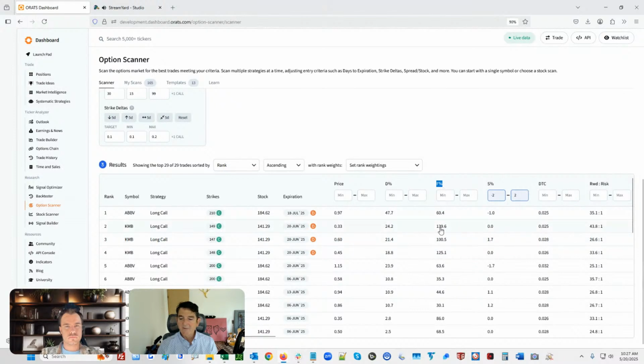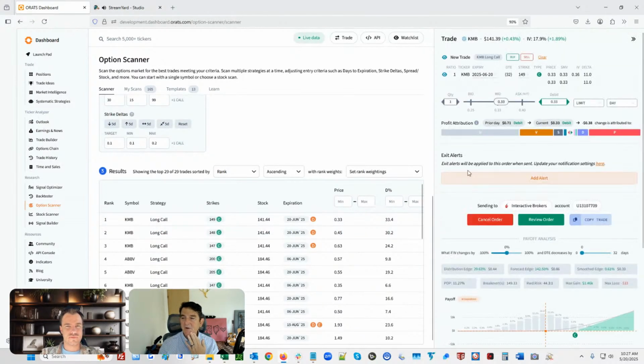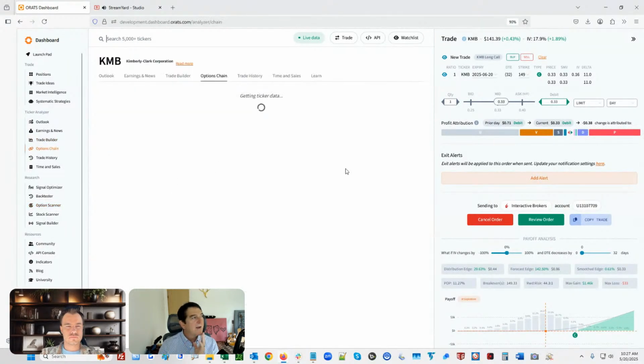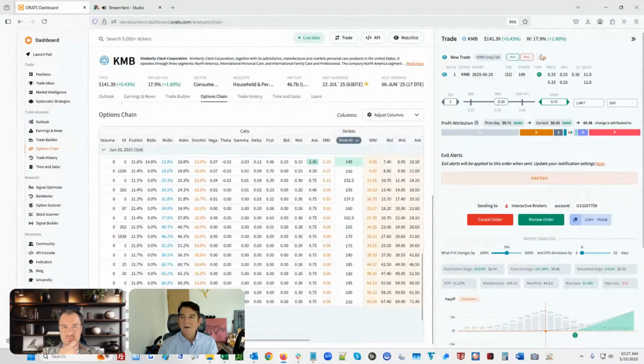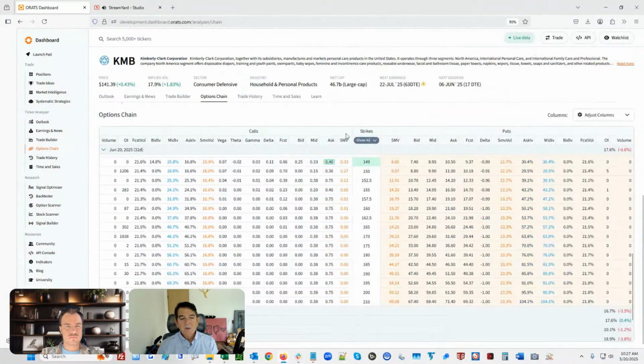Actually, why don't we talk about F for a moment? Because KMB, this is an awful high F percentage, right? It is very high. Yeah, and that has to do with, one, it's a small number, but two, the cool thing is how dialed in and linked in the dashboard is.